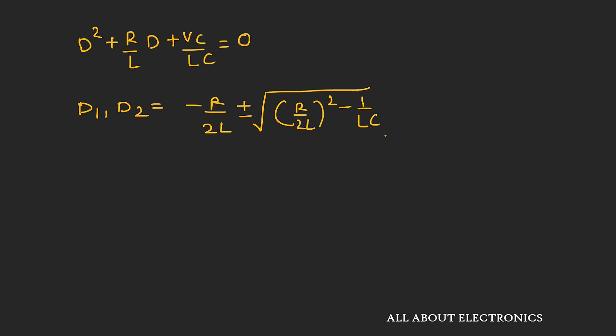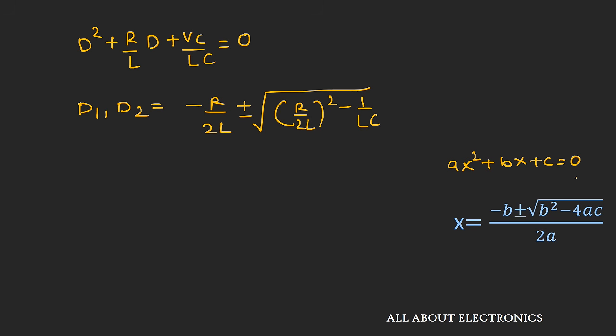And these roots came from this basic equation, that is minus B plus or minus under root B square minus 4AC over 2A, which gives the roots for the equation AX square plus BX plus C equal to 0. So if we compare this equation with this equation, then we will get these two roots. Now let us say that alpha is equal to R over 2L.